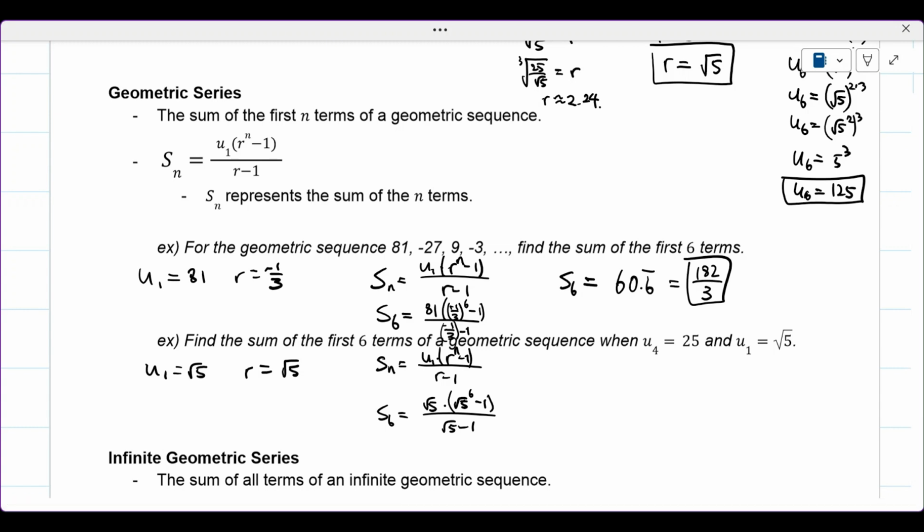Square root of 5 times bracket square root of 5 to the power of 6 minus 1 close bracket divided by square root of 5 minus 1. I got S6 is approximately 224. At this point, because I know that I added the square roots, I'm not going to bother finding the exact values of it.